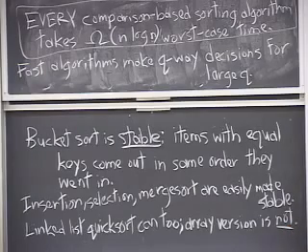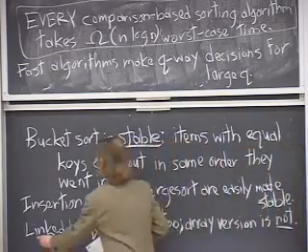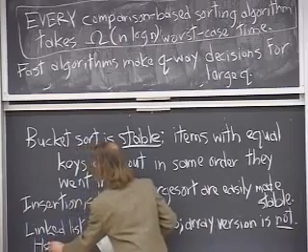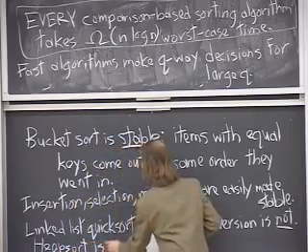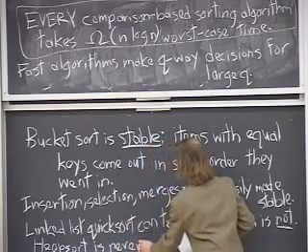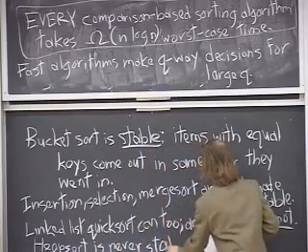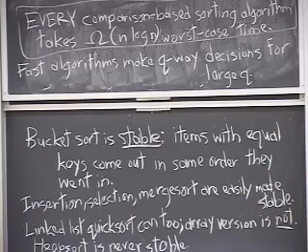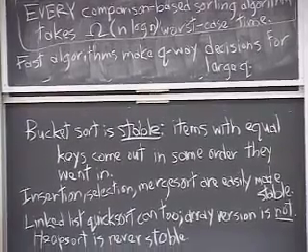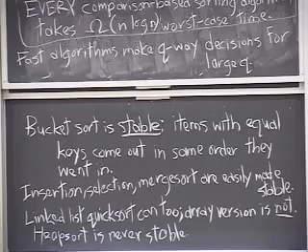And heap sort is never stable. It just scrambles up those items. Now, that's not entirely true. It's actually possible to make heap sort stable by adding something called a secondary key to all of your items, which I might talk about later in the semester.